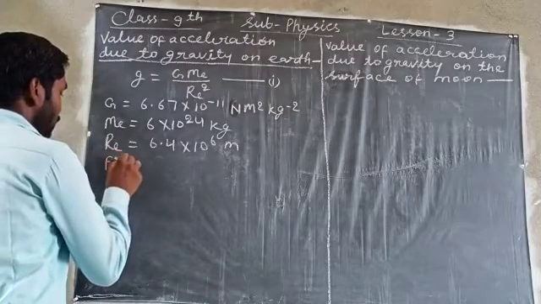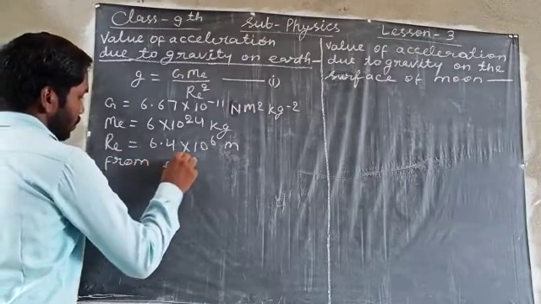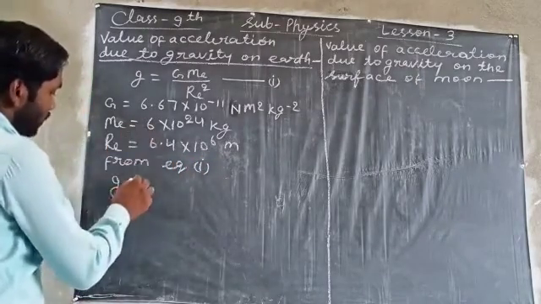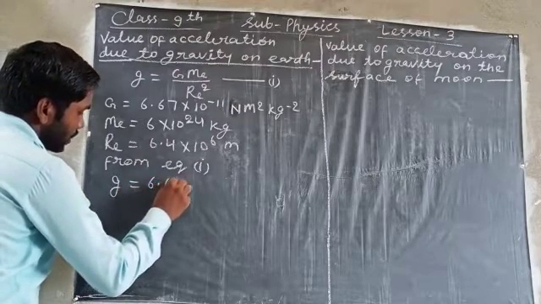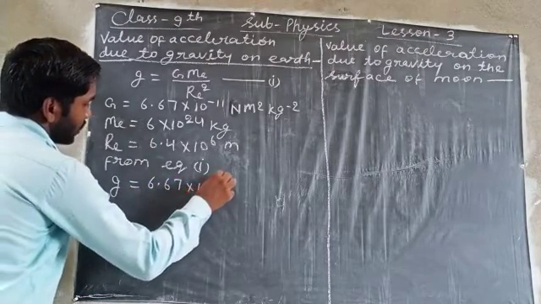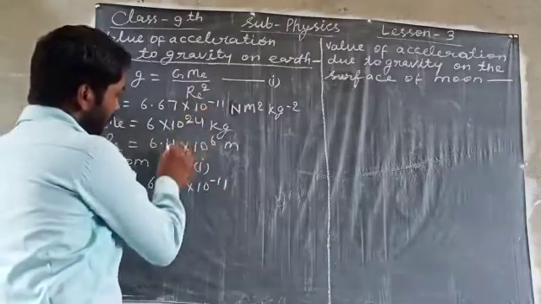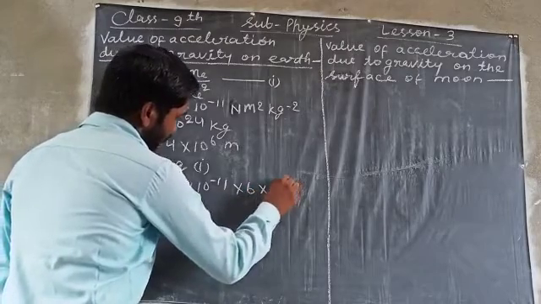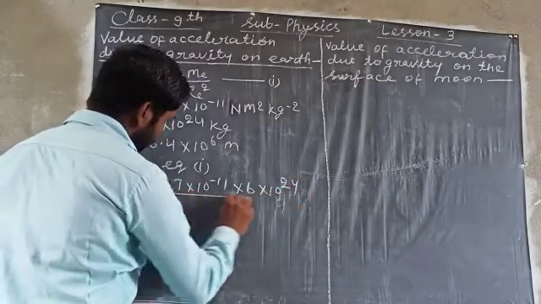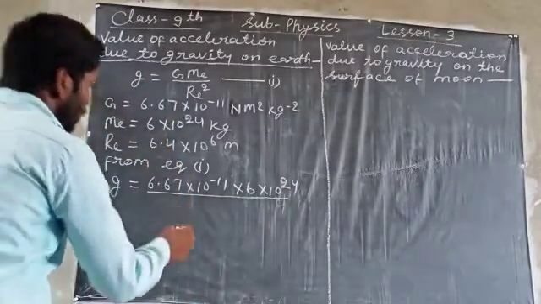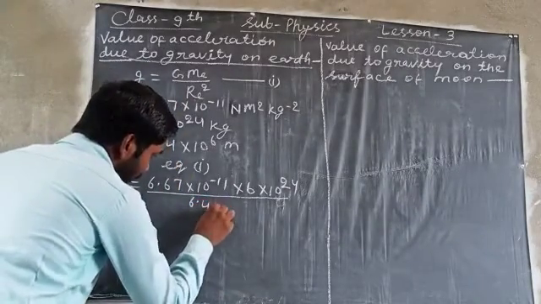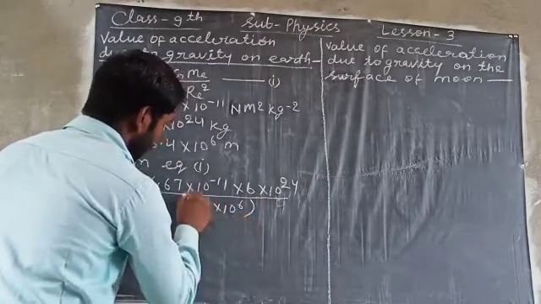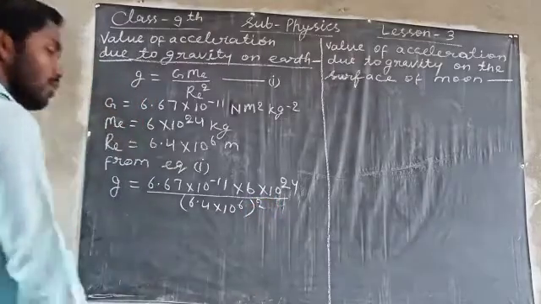So from equation 1, acceleration due to gravity g is equal to 6.67 into 10 to the power minus 11, times the mass of earth 6 into 10 to the power 24, upon the radius of earth 6.4 into 10 to the power 6 whole square.